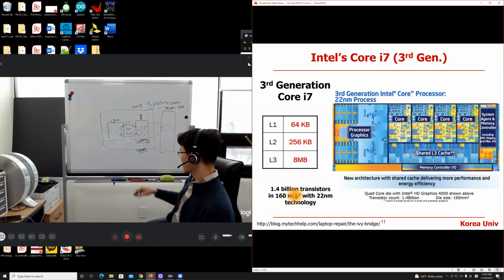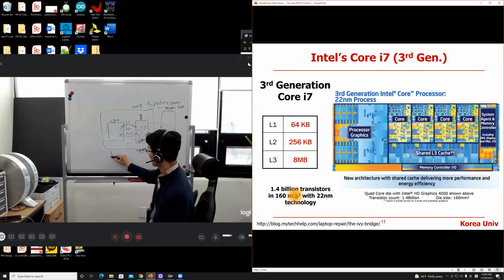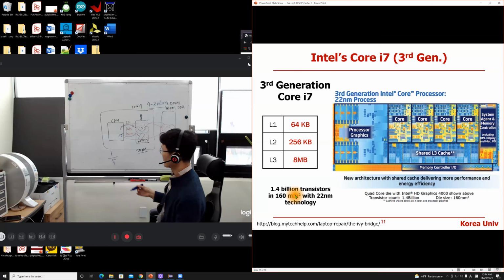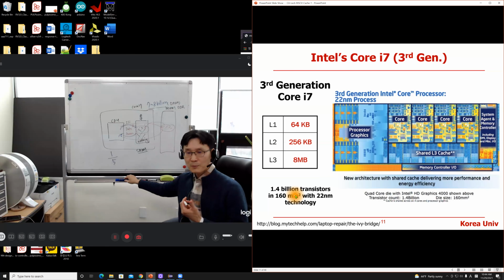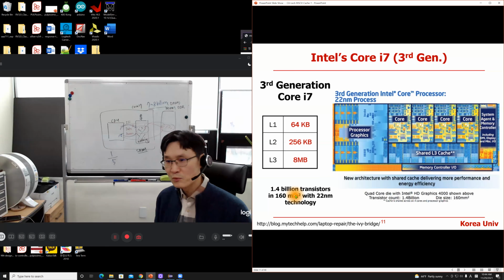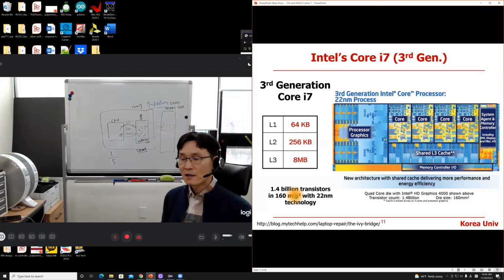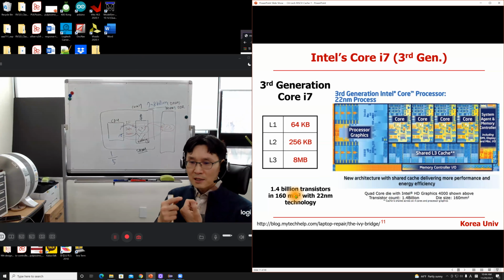Roughly 1/5, right? 1/5 of Earth's human population, that many transistors are living in this thumbnail-sized space.